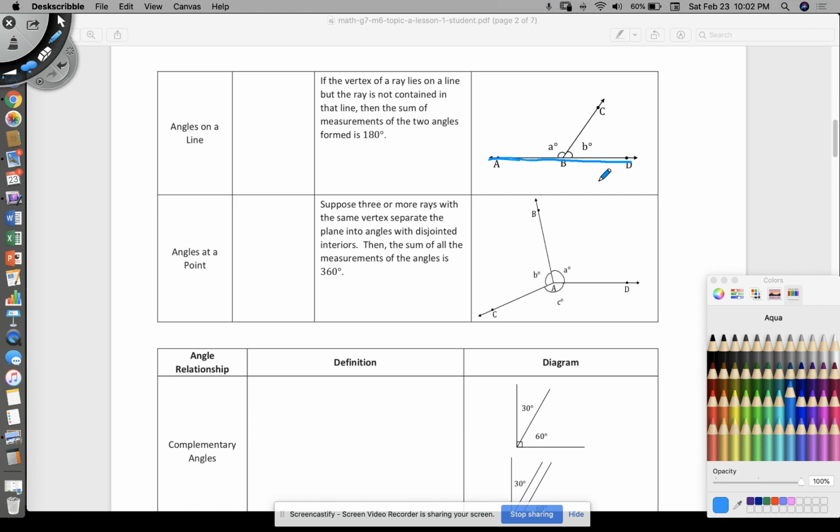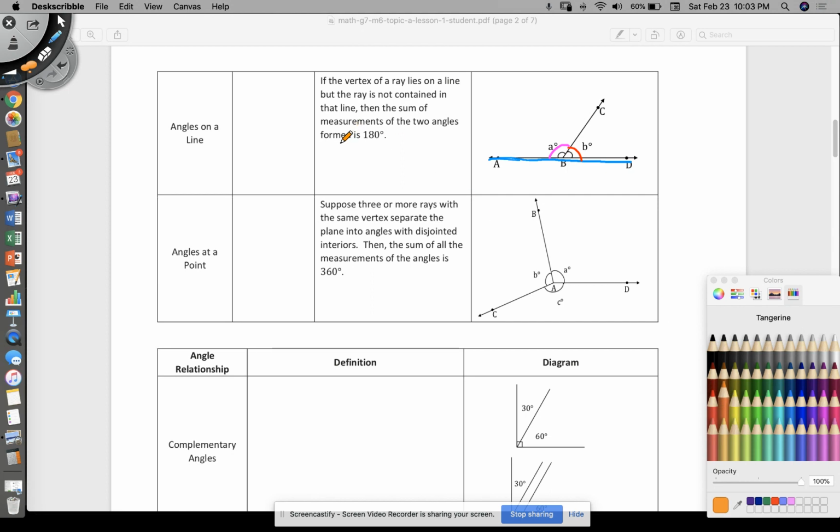So straight lines are always 180 degrees. So if I take angle A here and I add it to angle B here, do you see how it'll form 180 degrees? So what we call these angles are called angles on a line, also known as supplementary angles.